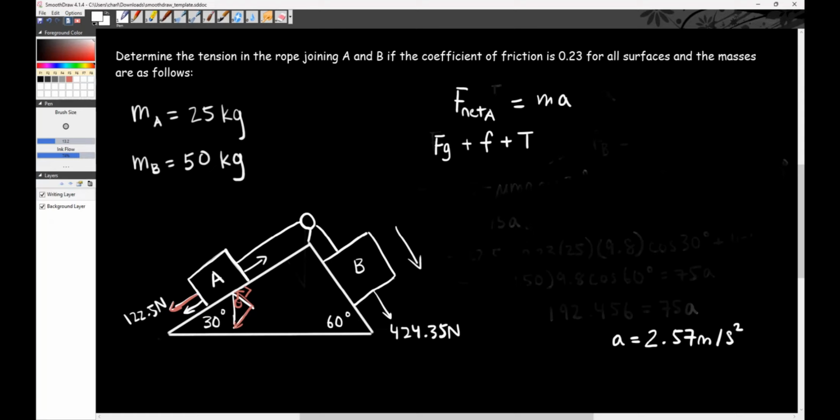We're assuming that the tension in block A and B is the same.